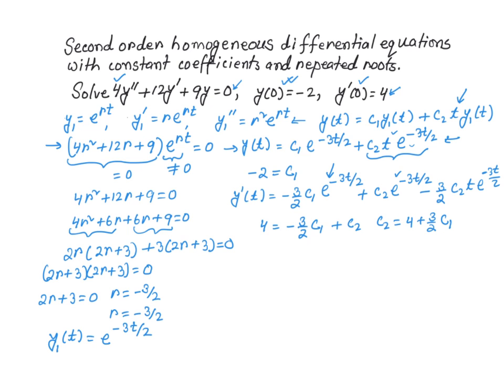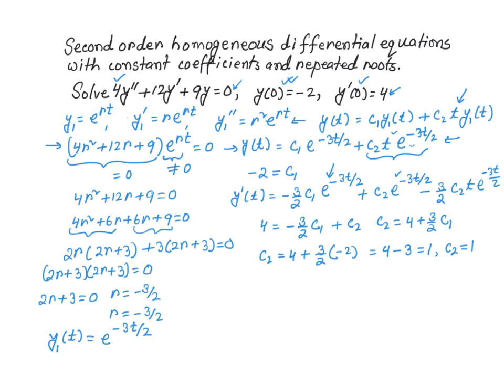Since c1 is negative 2, c2 is equal to 4 plus 3/2 times negative 2, which gives me 4 minus 3, or 1.